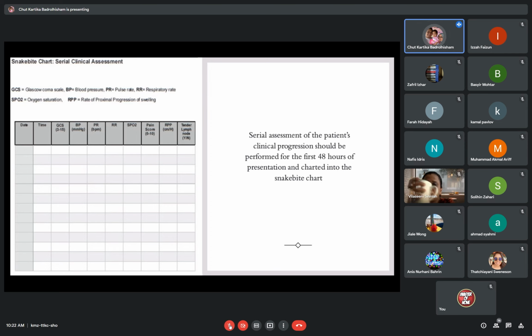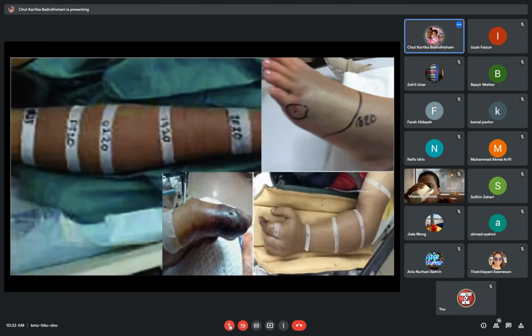So as you can see here, on the right top, ada dia guna marker. Kalau kita, it's better to use the micropore punya tape. Okay, contohnya patient punya swelling dekat bawah tu, contohnya yang picture yang belah kiri tu, bawah sekali, yang belah kanan sekali.